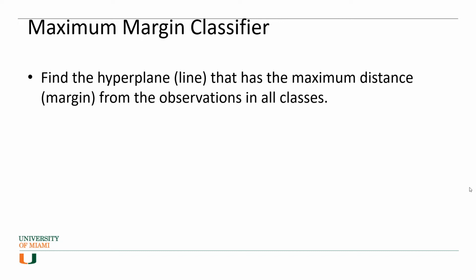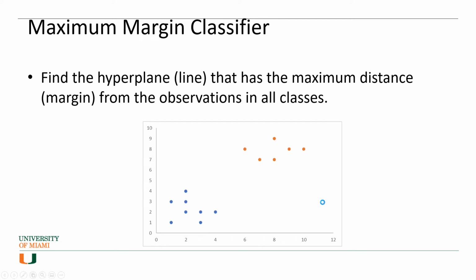So it is very important to understand exactly what a maximum margin classifier is. In a maximum margin classifier, we find a hyperplane, or in a 2 dimensions and 2 features data set, a line that has the maximum distance or margin from the observations in all cases. If we can find that, then we have basically found our line.